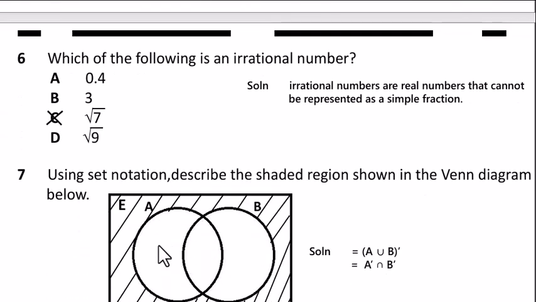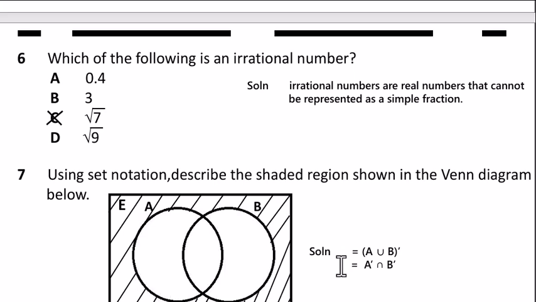Question 7, use set notation to describe the shaded region shown in the Venn diagram below. What they haven't shaded is A and the intersection. They haven't shaded anything which is in the two sets.